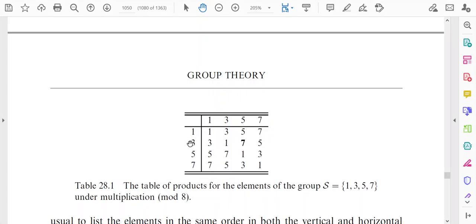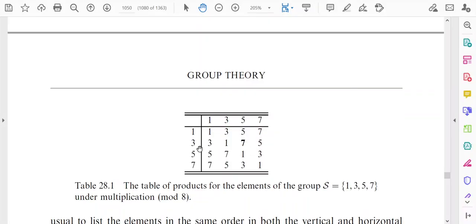Next element is 3. So this is 3, and you want to multiply 3 with all the elements starting from 1 to 7. So 3 into 1 is equal to 3. Similarly, 3 into 3, here is 3 and in the header there is 3, so 3 into 3 is equal to 1. Similarly, 3 into 5 is equal to 7. 3 into 7 is equal to 5 and so on.